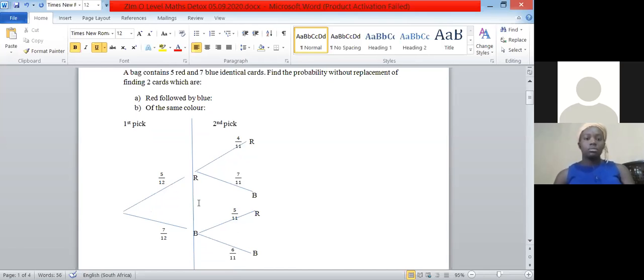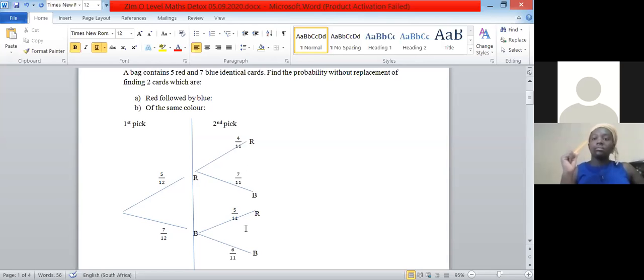Right, there's this other thing that I want you to know about probability. The branches are complementary. That means they add up to 1. If you say 5 over 12 plus 7 over 12, you will get 12 over 12, which is equal to 1. Again, if you do it here, 4 over 11 plus 7 over 11, 4 plus 7, you get 11 over 11, which is also equal to 1.